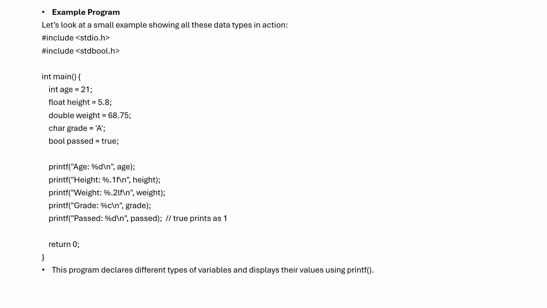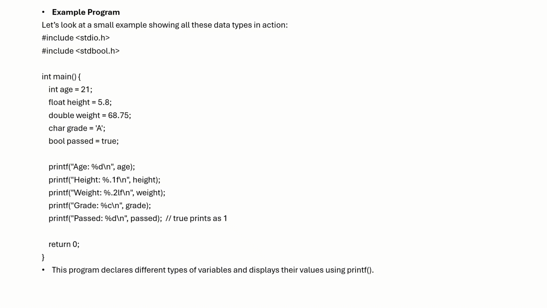Then we are printing weight = %lf for our double data type, with %.2lf, which is up to 2 digits of decimal point.